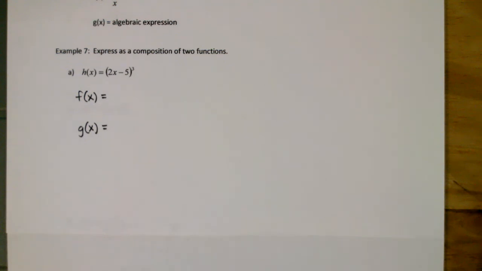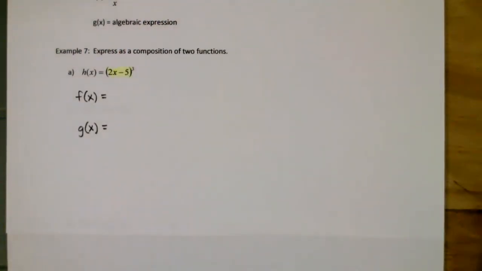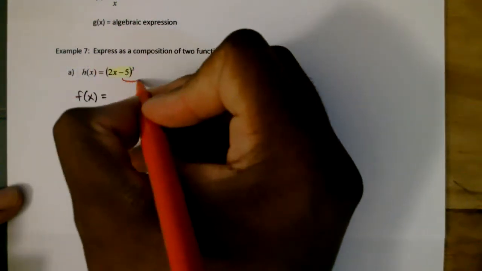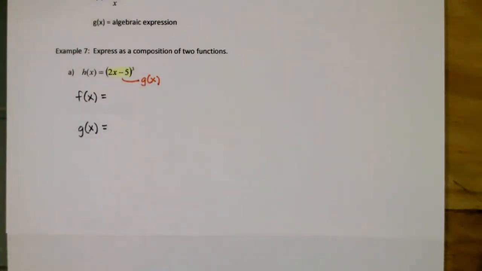All right, in this case, let's take a look. The inside function, what's on the inside of the parentheses, is your 2x minus 5. That's going to be your inside function, which in this case is g of x, because g of x is always going to be the inside function.